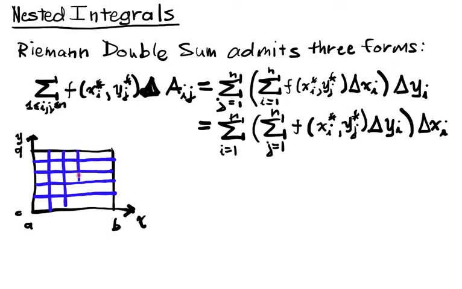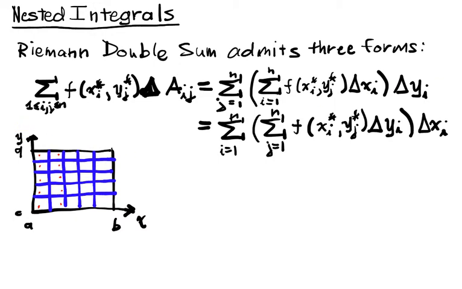I choose my x star, y stars. So this corresponds to a particular xi star, but the y's might change. So now in this direction, the x star might change. So on and so forth. We populate all these guys with a tag.